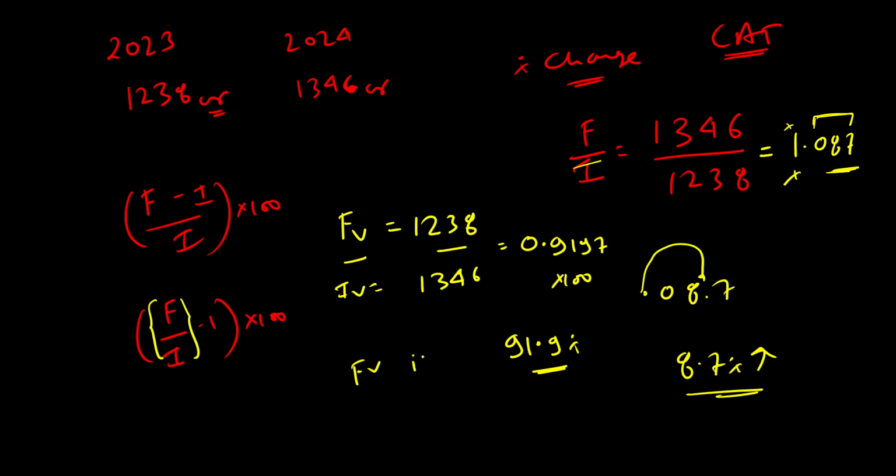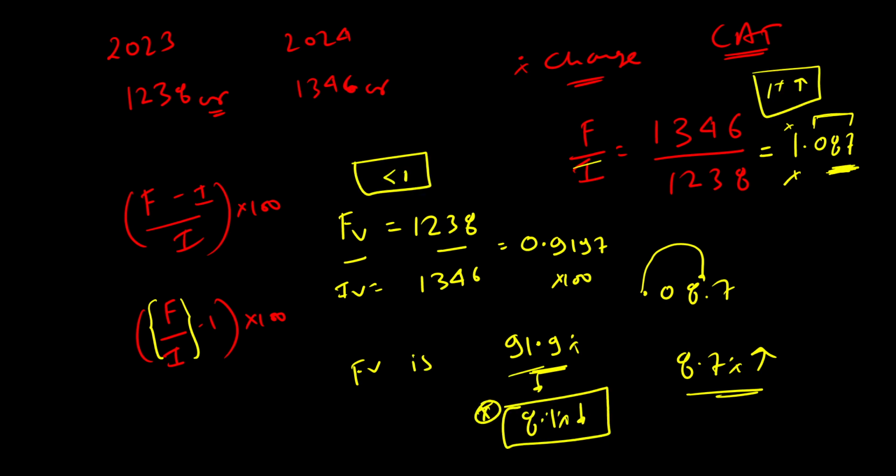You first make it 100 times and then subtract. This is how you can increase and decrease percentages pretty fast. You can apply this to quant as well as DI.